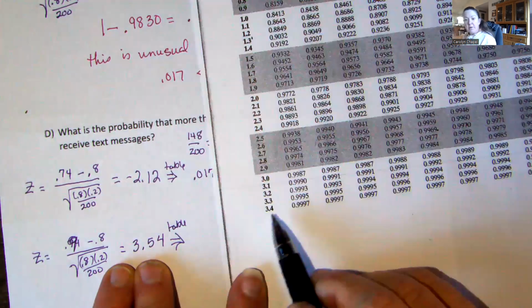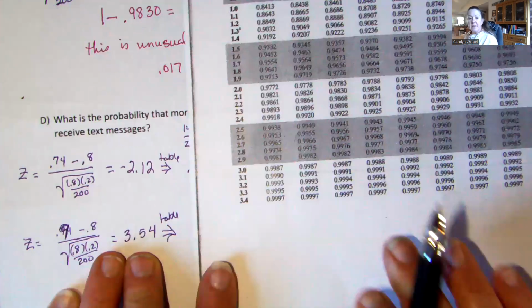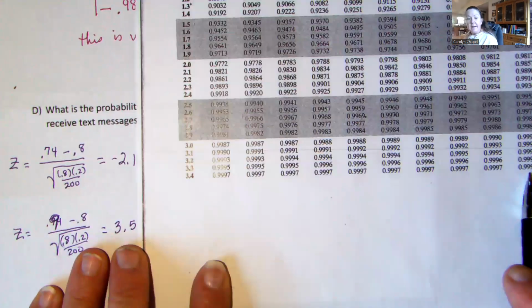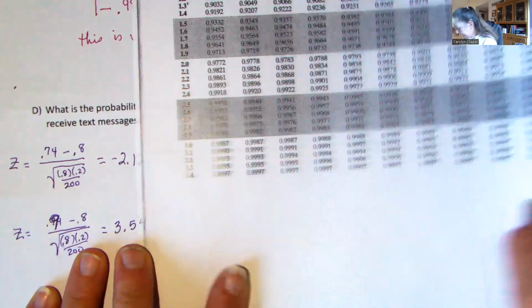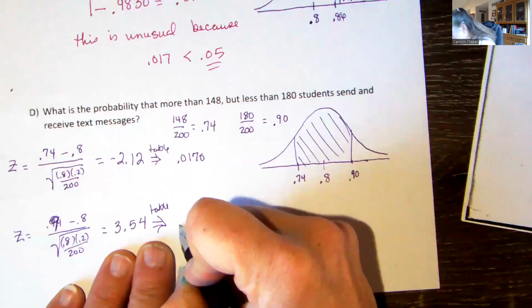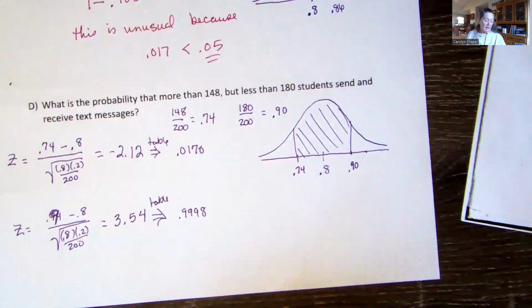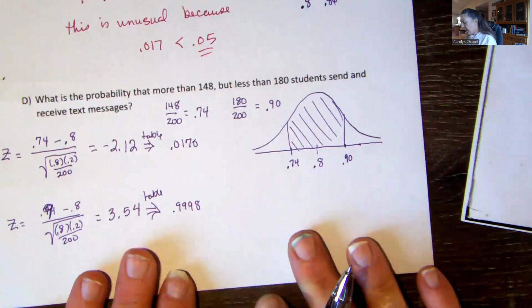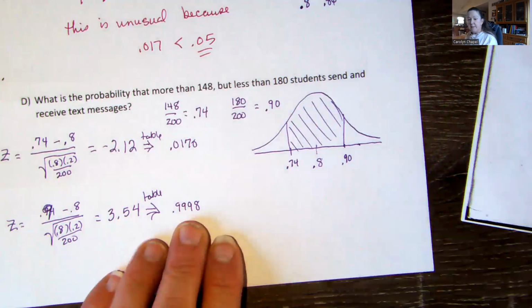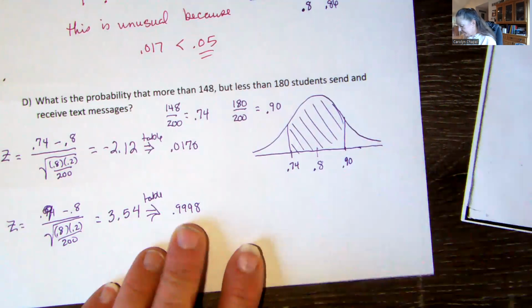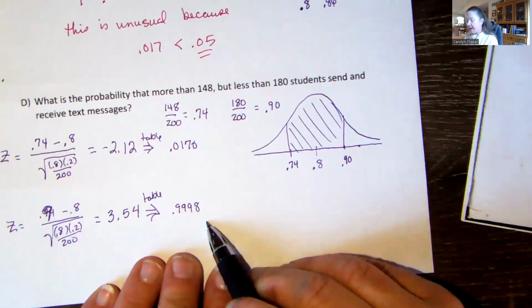Well, I don't have 3.54 on mine, so I'm going to go as big as I can, which is 0.9998. So we're just going to get as close as we can to the actual values. This would probably almost be about 1, because this is going to be a little bit smaller up here. But we'll go with what we can.